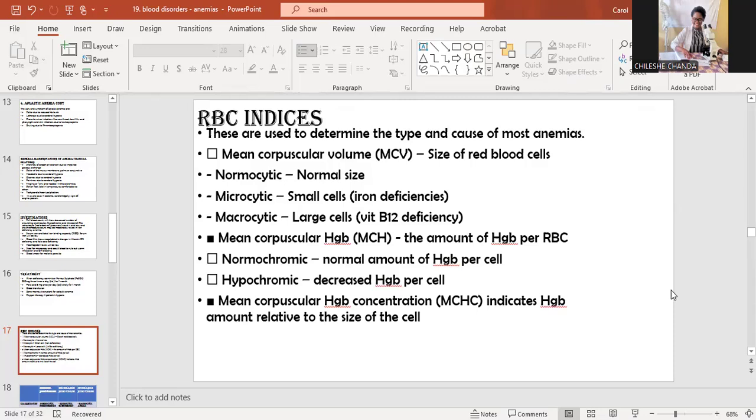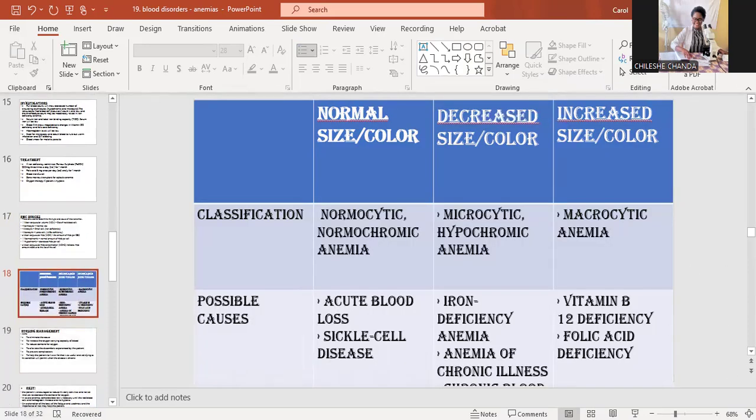And then in some other types of anemias, you find that the red blood cells will appear very pale. There won't be a lot of HB in them, and that is known as hypochromic, okay? Those are some of the red blood cell indices.